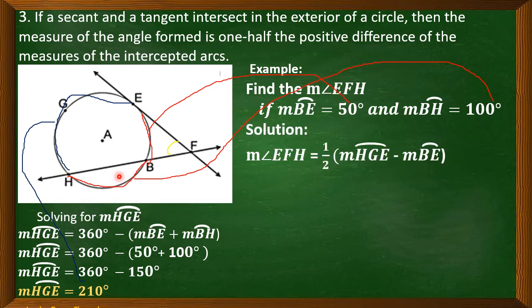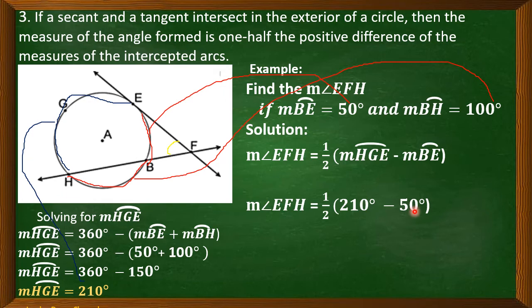So we can now solve the measurement of angle EFH. Okay, so we have measure of angle EFH is 1/2 times the quantity of measure arc HGE minus measure arc BE. So by substitution, we have measure of arc HGE, that is 210, while arc BE is 50.